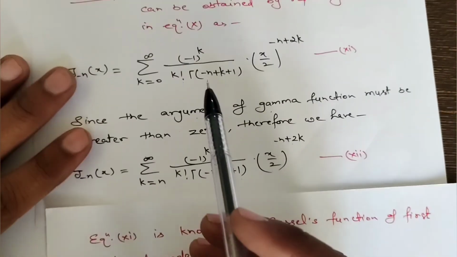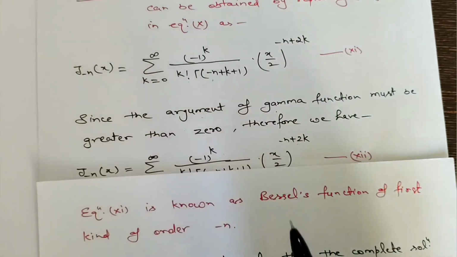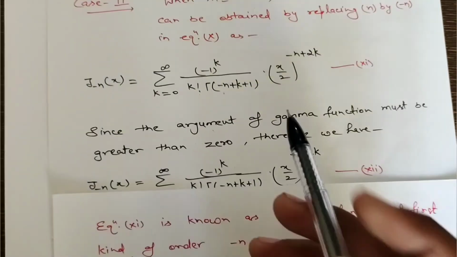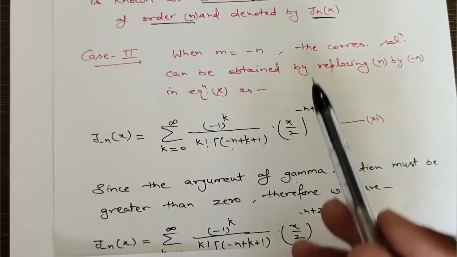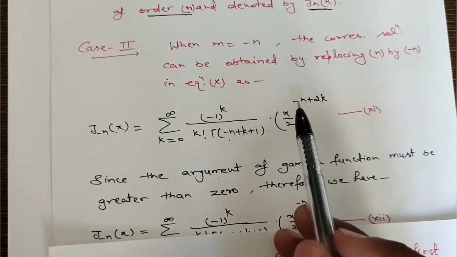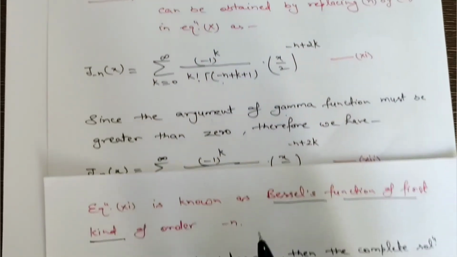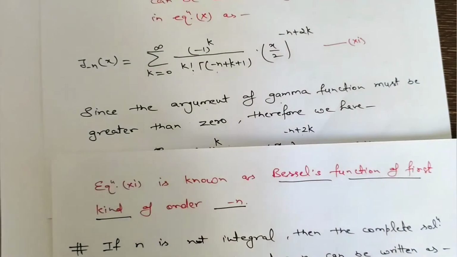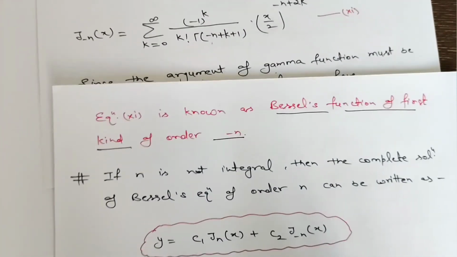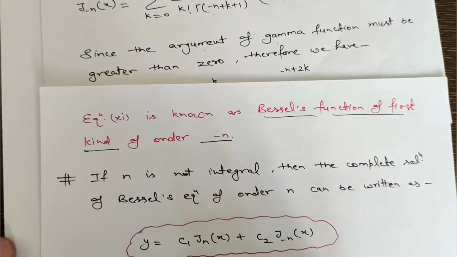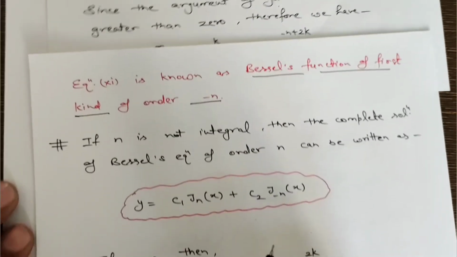The earlier equation, that is equation 11, is known as the Bessel function of first kind. The only difference between this equation and the J n of x equation is the change of n to minus n. So we write that as the Bessel function of first kind of order minus n. Clear? The condition on n is that n can be either an integer or a half integer.